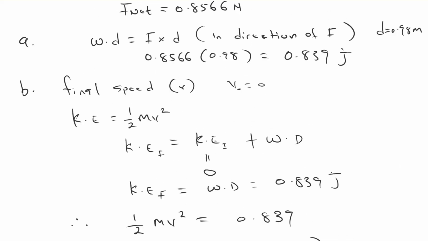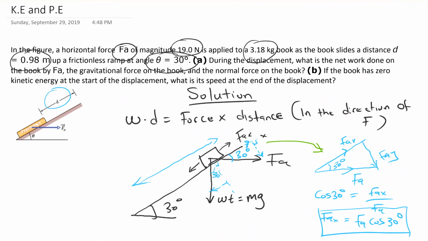So in conclusion, we have been able to find the net work done by FA and the speed at the end of the displacement.